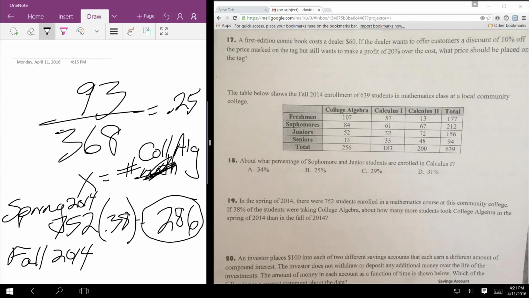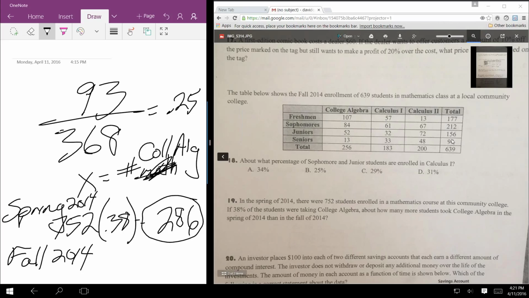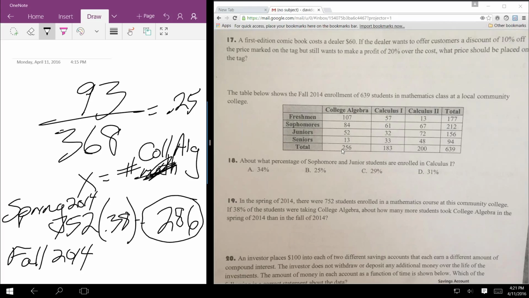These tables always have a total across the bottom and along the right side. But how is that possible? Because if you read the sentence above the table, it says 639 students in mathematics class. But this one was 752. Because there were more students in the spring. Some of them didn't make it to the fall. Remember, the spring comes before the fall.